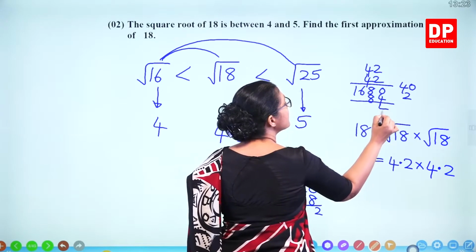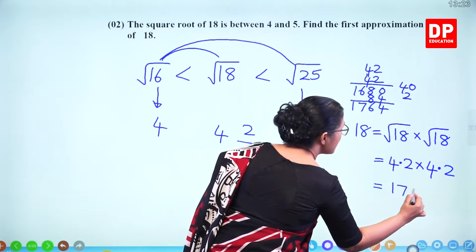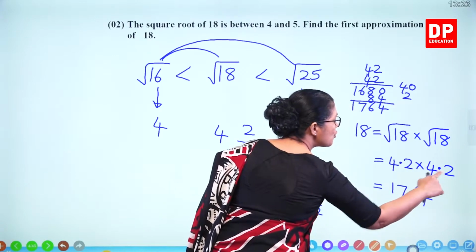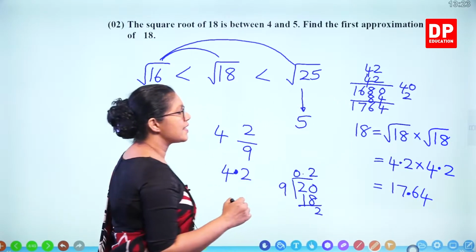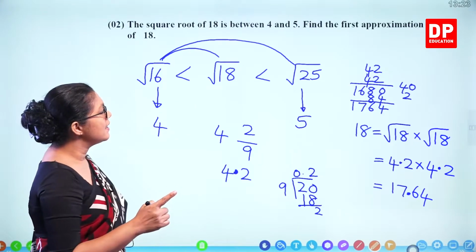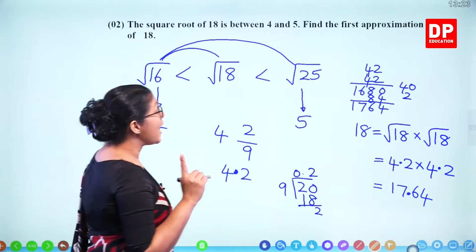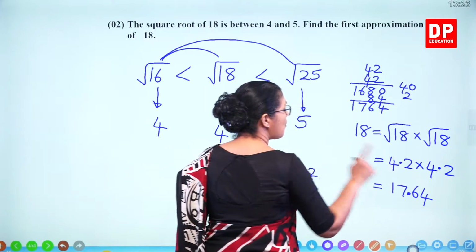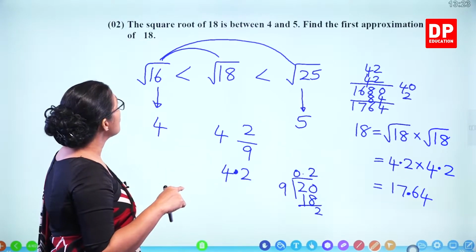So you get 1764. You need to put 2 decimal places, so 17.64. So that's the answer, 17.64.